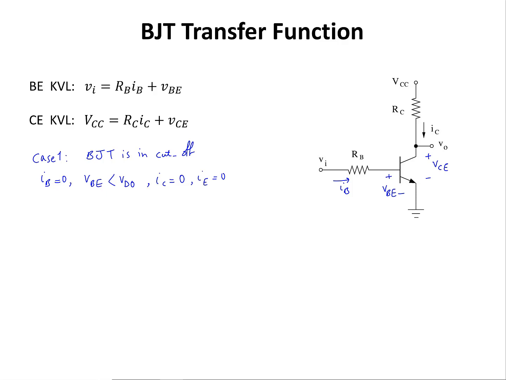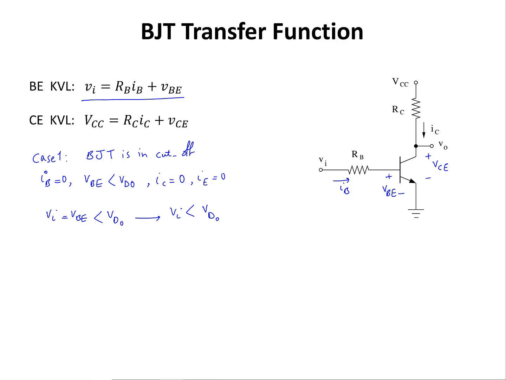Using the base emitter KVL and I base equal to 0, I can find the range of Vi for which the transistor is going to be in cutoff. That is Vi equals to VBE and that is less than VD0. From there, for Vi values less than VD0, the transistor is in cutoff region.